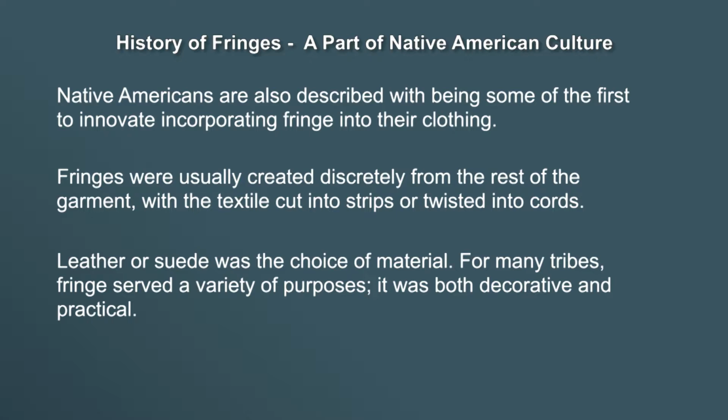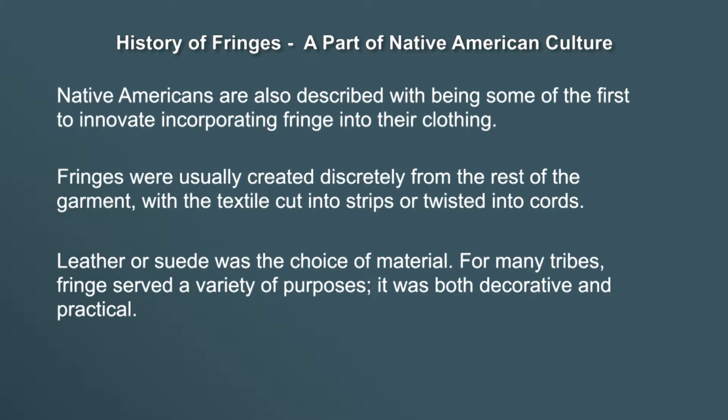Fringes were usually created discreetly from the rest of the garment, with the textile cut into strips or twisted into cords. Leather or suede was the choice of material.